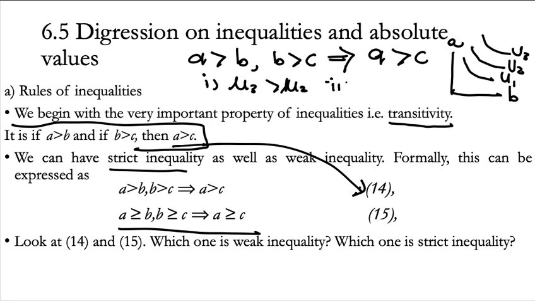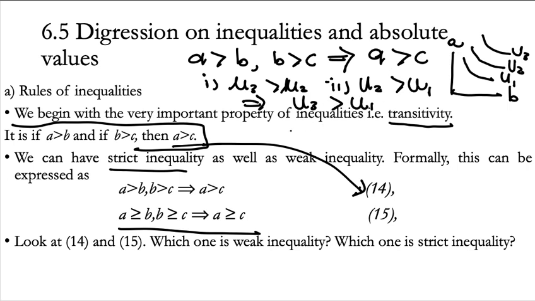Okay, second, I can see that utility function 2 is greater than utility function 1. So what does it mean here? From here, it implies that utility function 3 must be greater than utility function 1, isn't it?